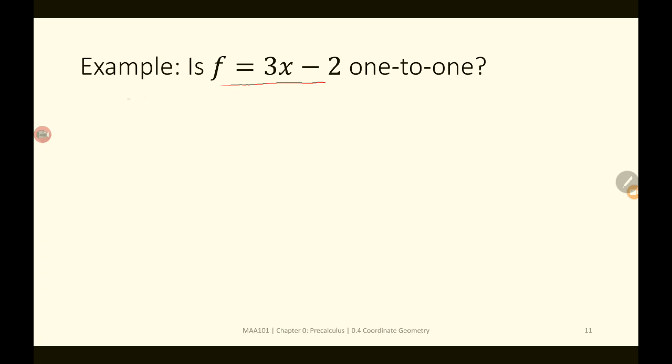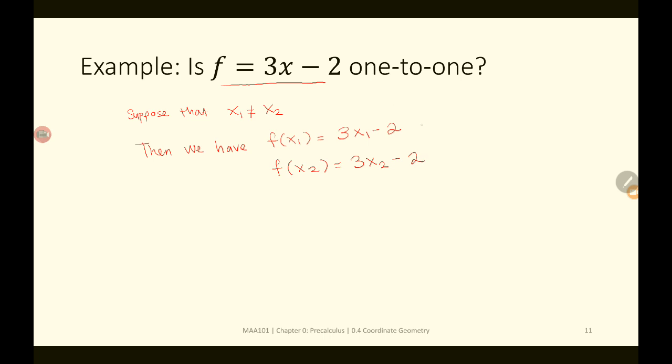Remember the definition. Suppose that x1 is not equal to x2. Then we have f of x1 equals 3x1 minus 2, and f of x2 equals 3x2 minus 2.